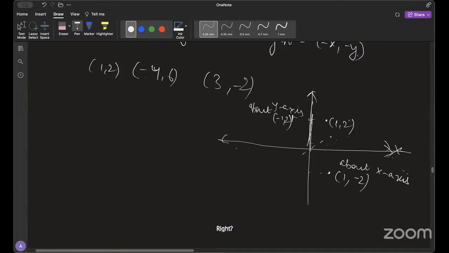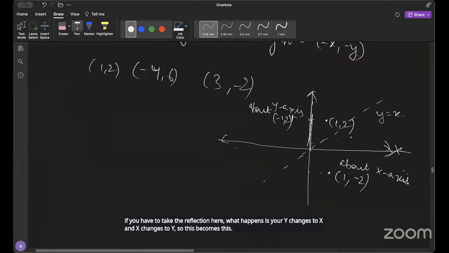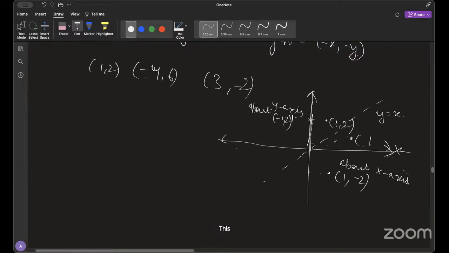So this line is going to be like this. This is your y equals x line, and this point lies above the y equals x line. If you have to take the reflection here, what happens is your y changes to x and x changes to y. Initially you had 1 here. This becomes 1. Your y coordinate becomes 1 and your x coordinate becomes 2.